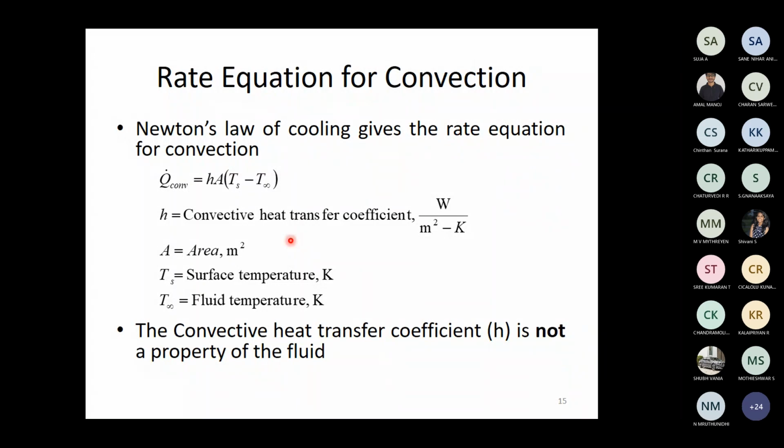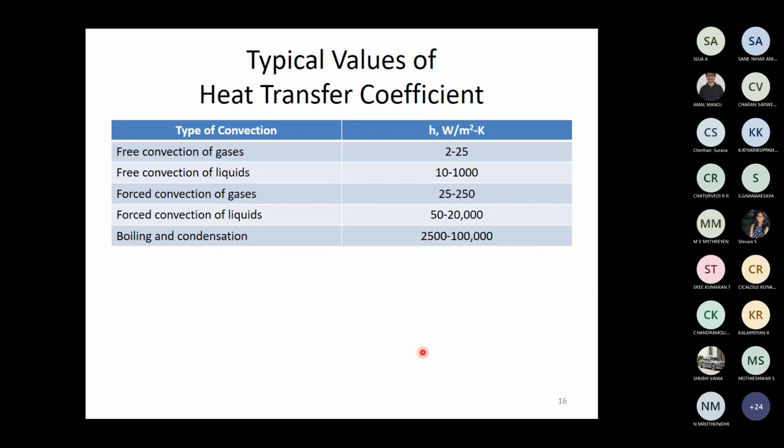What are correlations? Correlations are basically equations, but derived from empirical experience. So not derived from mathematics or physics, but derived from the experience of the researchers. So to determine the heat transfer coefficient, there are a lot of correlations. We'll see that later on. So the point here is that the convective heat transfer coefficient is not a property of the fluid, and that is important to remember.